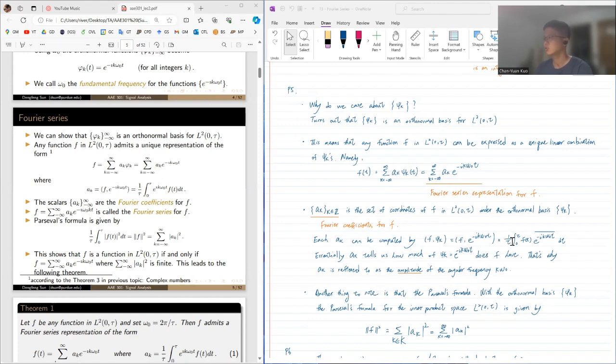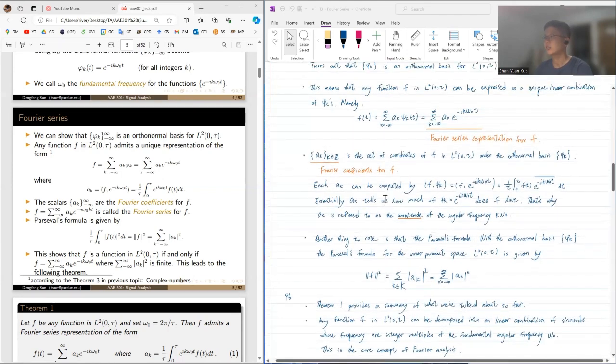That is equal to 1 over tau times the integral of f of t times the complex conjugate of e to the negative i k omega naught t from 0 to tau with respect to t. Essentially, the Fourier coefficient a k tells us how much of psi k the f has. For this reason, a k is also referred to as the amplitude of the angular frequency k omega naught.